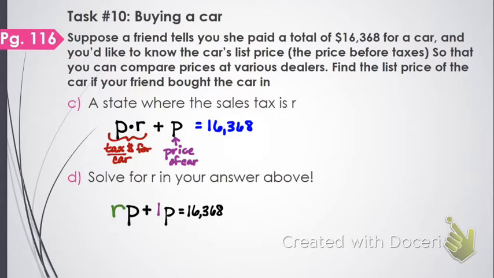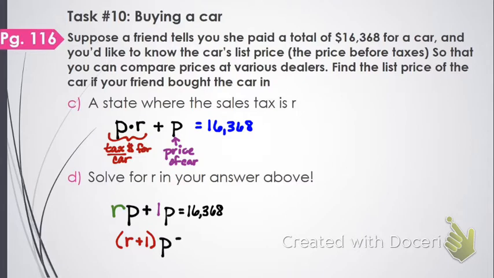We've been combining these two together because they're like terms, right? How do I add an R and a 1 together? Can I combine those? No, but I could put it inside parentheses because I know I would be adding those two numbers, and then it would have the P at the back.